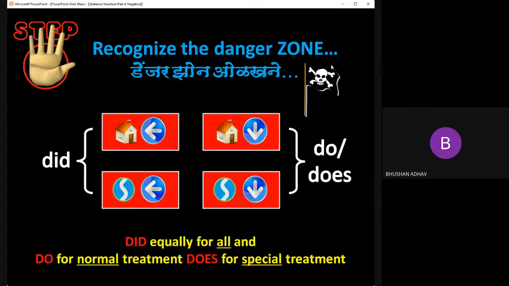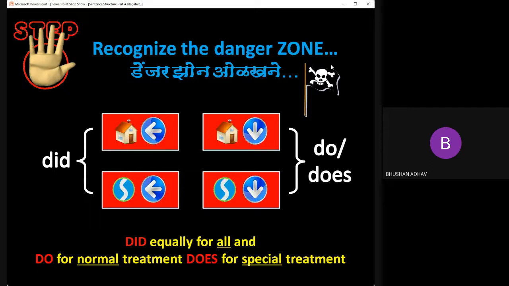So, whenever you want to use the affirmative sentence for negative purpose, just make some changes. Just add did if the danger zone is from past. But as you took did, you have to make it basic.